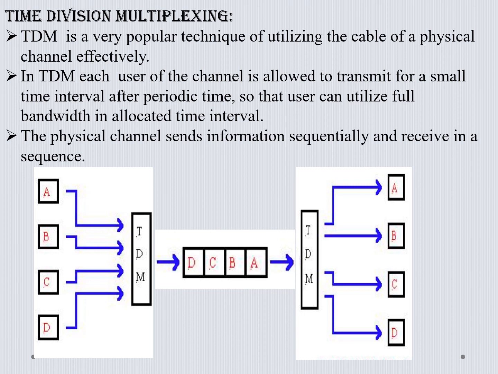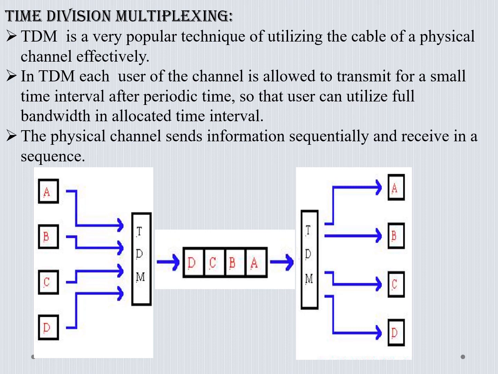The first will be A, B, C, D. Second will be A, B, D, because here C doesn't want to send data. The third will be A, D, because B doesn't want to send data now. And lastly we have A. In this way the data will be transmitted in the form of frames.